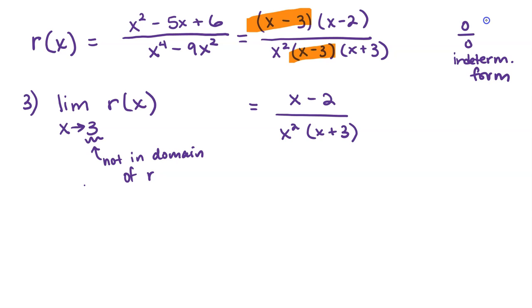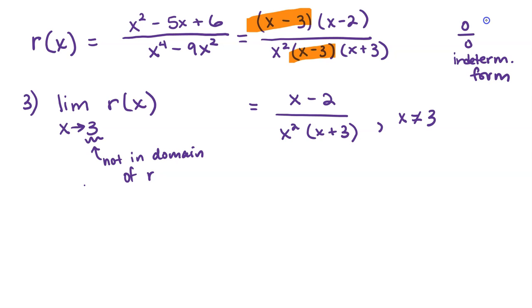Now we've got a function that is identical to the original function at every point except 3. This new one is defined at 3. So if we really want it to be equal to r of x, we've got to say x is not equal to 3, so that we keep the same domain that the original function had.